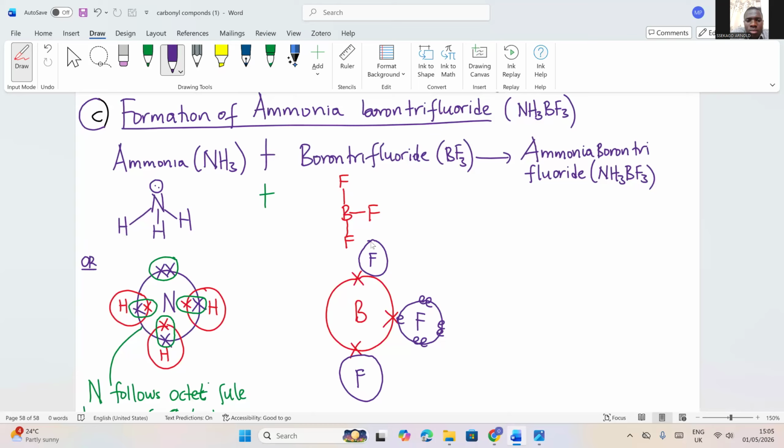Also here, 1, 2, 3, 4, 5, 6, 7. Also here, 1 to 7, like that. So you see, that's how we represent boron trifluoride.